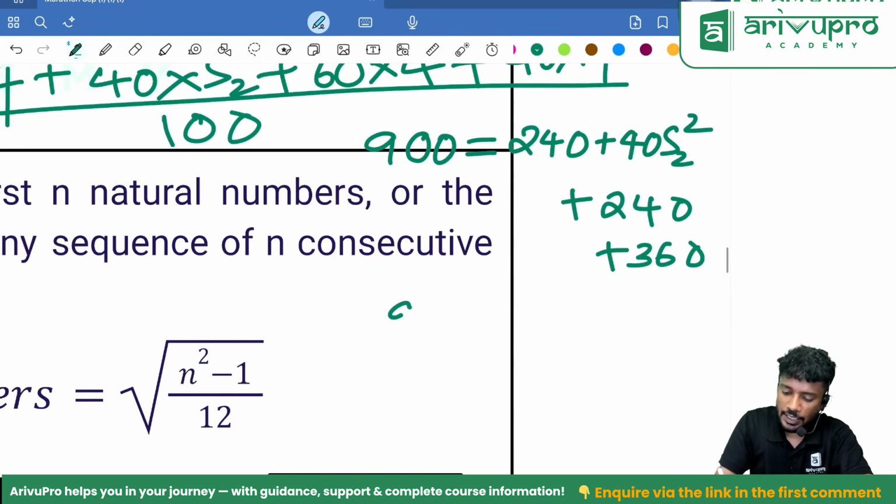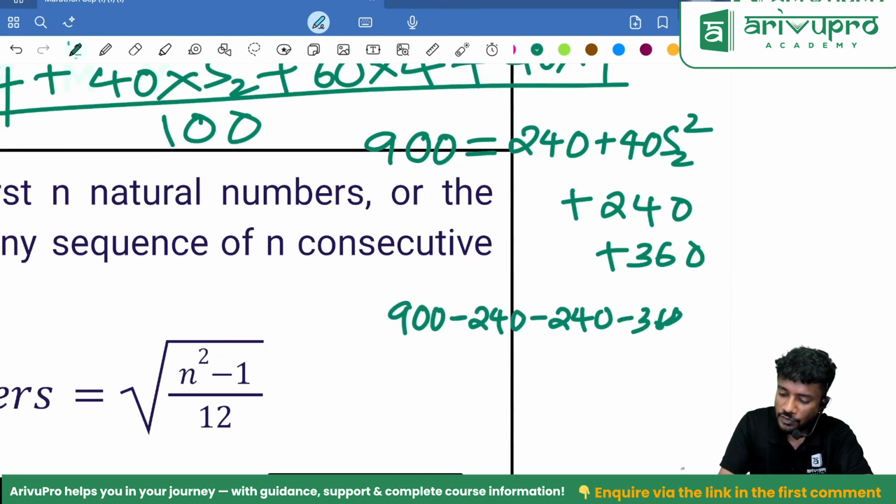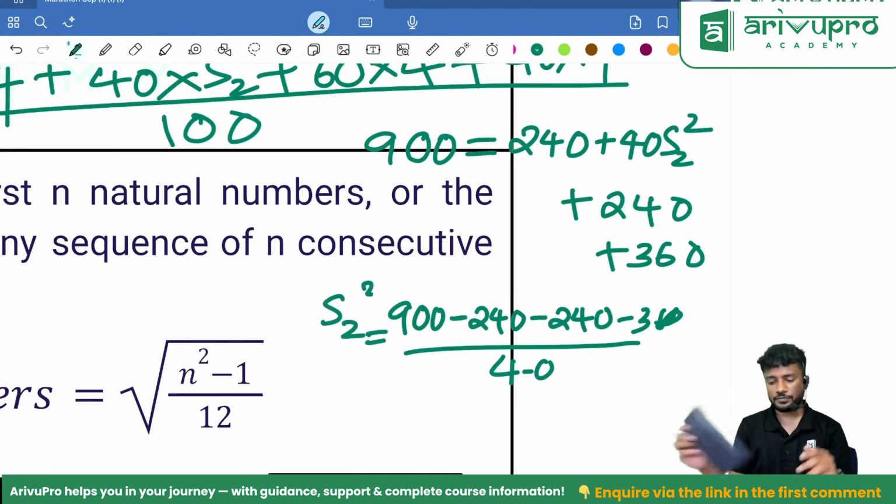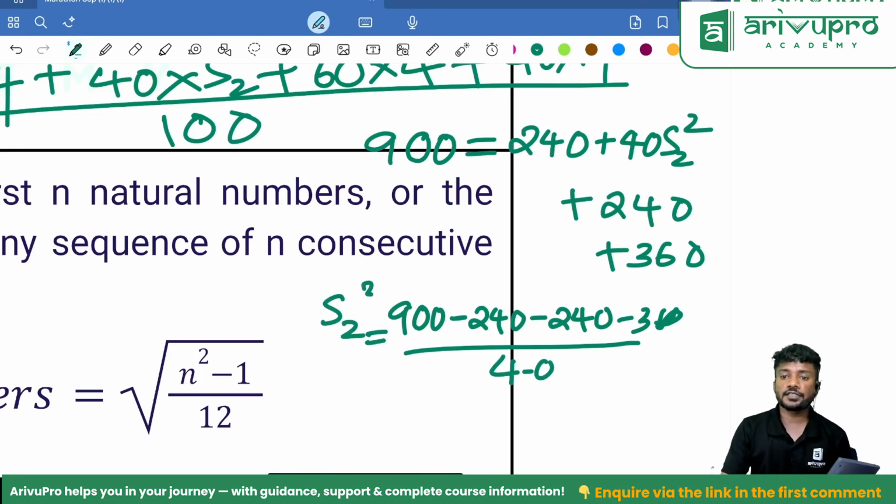That is 900 minus 240 minus 240 minus 360, divided by 40, which is equal to how much now? S2 square. How much is it? So S2 square is how much now? S2 square is 1.5. S2 square is how much? 2.5.